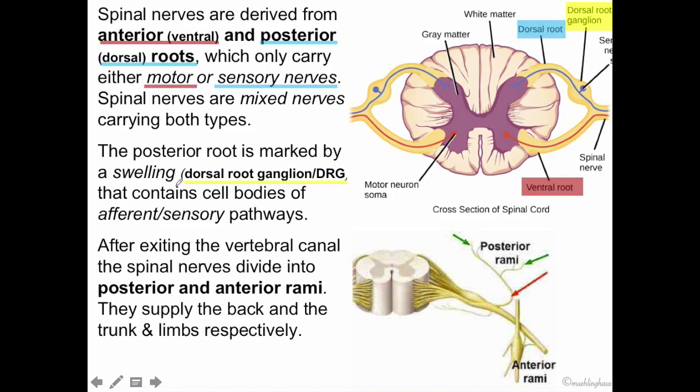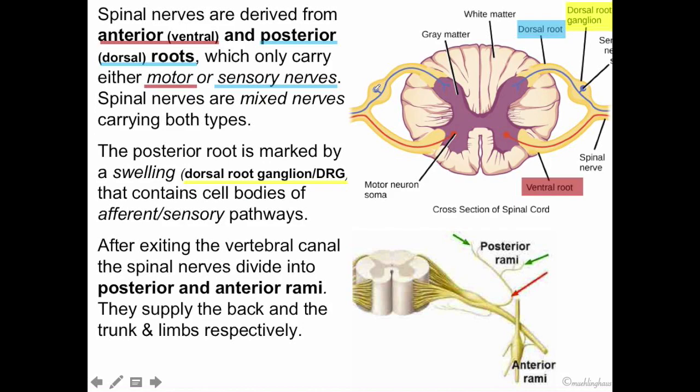Now with that, let's go a little bit closer in, looking a little more microscopically, and we're slicing through a spinal cord, and we have this coming up right here. When you look at the text here, the spinal nerves are derived from the anterior and posterior dorsal roots, which only carry motor or sensory nerve fibers.